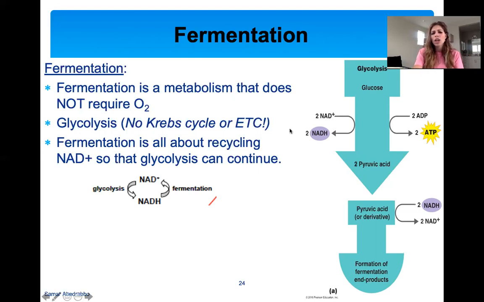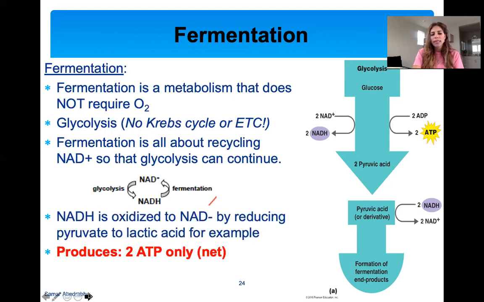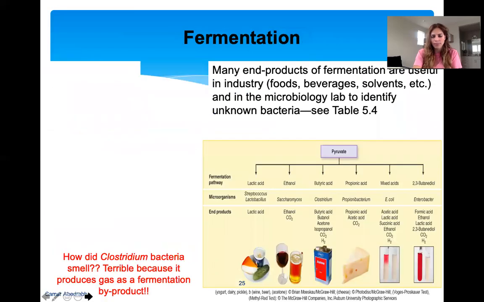And fermentation is all about recycling NAD+, because remember, in respiration, we could take all that NADH we created and send it to the electron transport chain to get energy, whereas here we cannot because there is no Krebs cycle, there is no electron transport chain. So here you're recycling NAD+. And so with fermentation, you only produce 2 ATP total. So it's very energy inefficient, but this is the choice of some organisms.